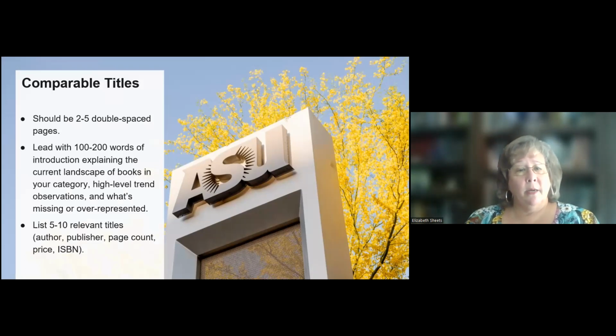So start off with a couple hundred words talking about the genre that your book will belong in. What are the trends and what is missing, and hopefully your book is in that category. And then you want to think about 5 to 10 relevant titles that belong in that genre that would be next to your book on the shelf.